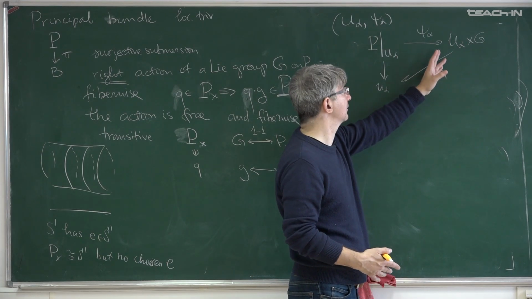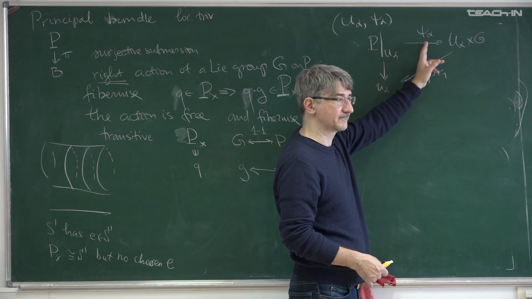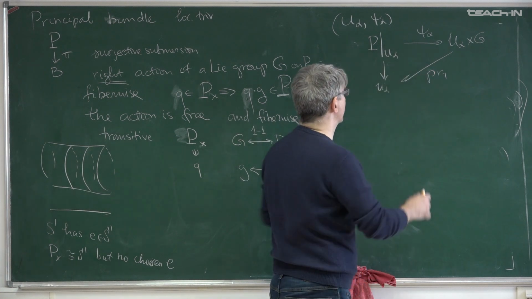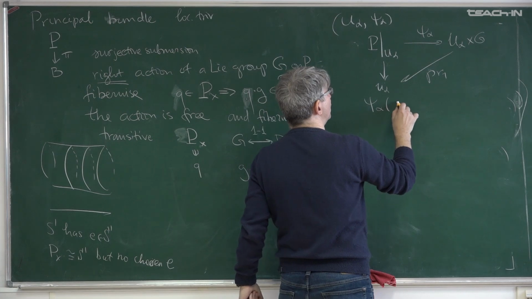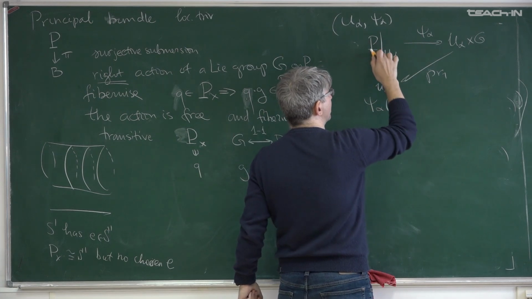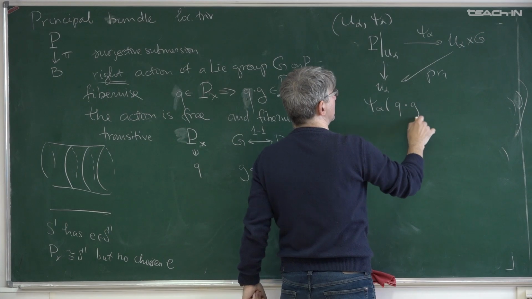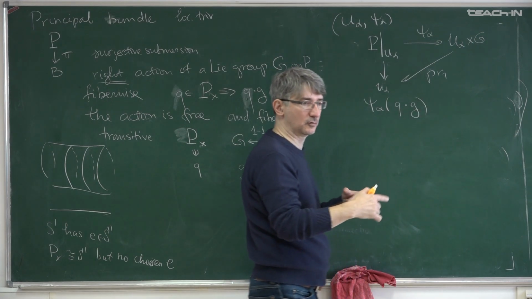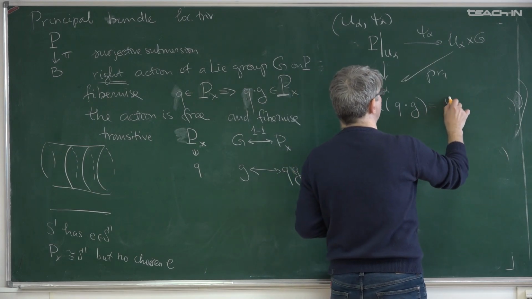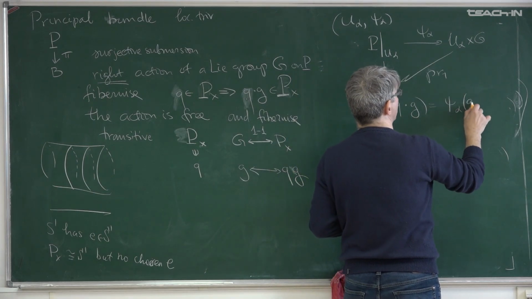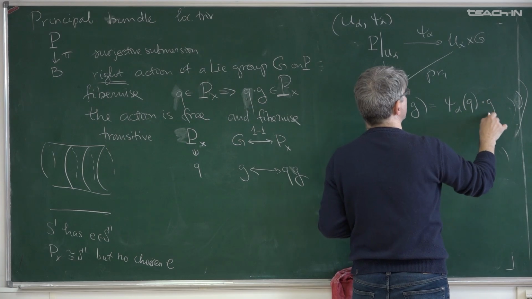What is the replacement in this case? Psi alpha should be equivariant, yes. So if you have a point here shifted by group element G, then it should be the same as psi alpha of Q times G.